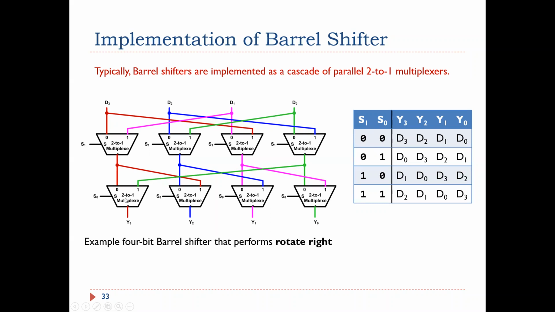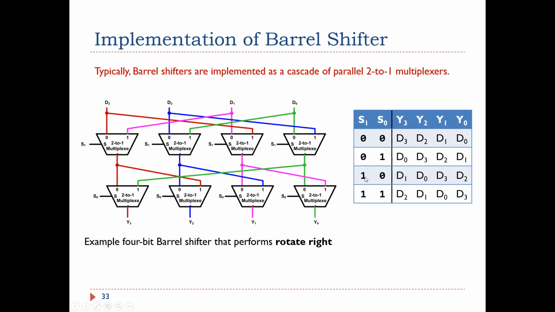The bottom layer also takes the same input, S0. So when we provide 0 0 on S0 and S1, we are saying rotate right 0 times. When we say 0 1, that means we are rotating right one time.